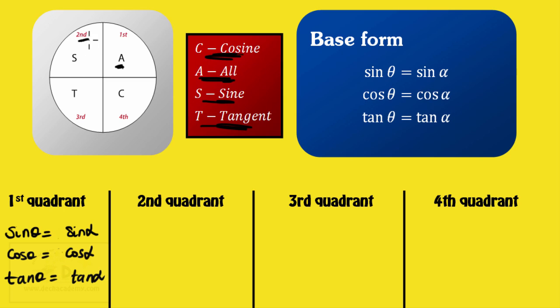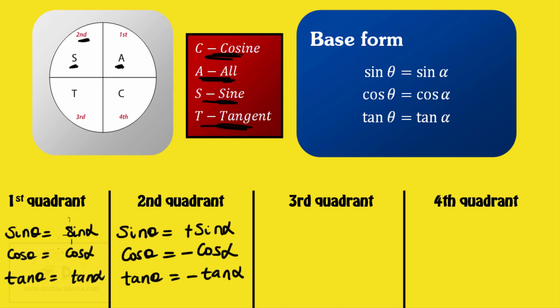Now, for an angle in the second quadrant, we have this S here, and this S refers to sine. It's saying that it's only the expression involving the sine of alpha that has a positive sign in front of it. For the other expressions involving alpha, you have a negative sign in front of the trigonometric function.